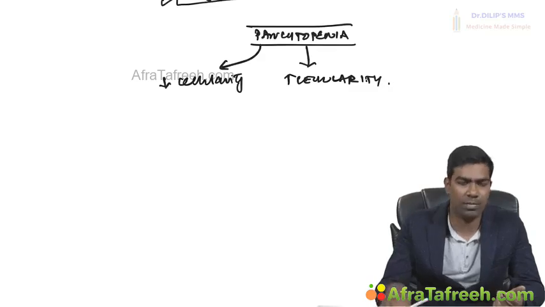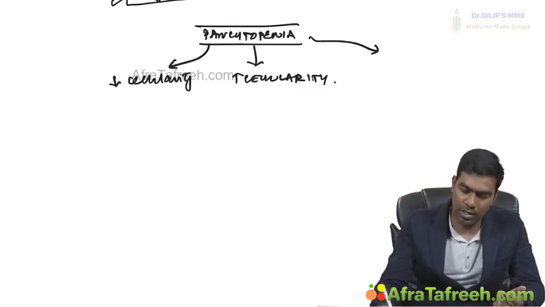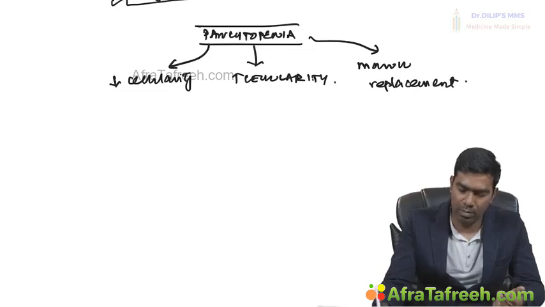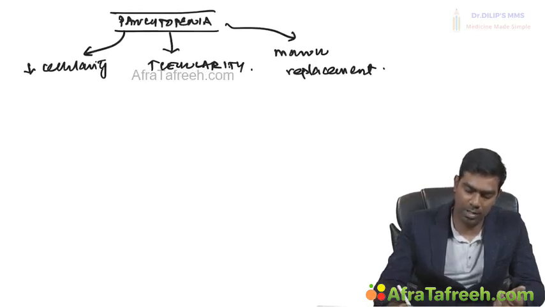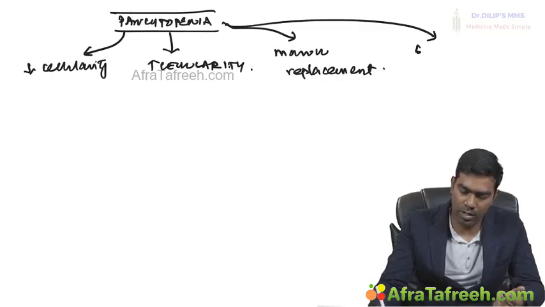Third, you can get it with replacement of the marrow, that is what we call myelophthisis, marrow replacement with some other substance. And the fourth one you can see in systemic diseases. You can see pancytopenia.